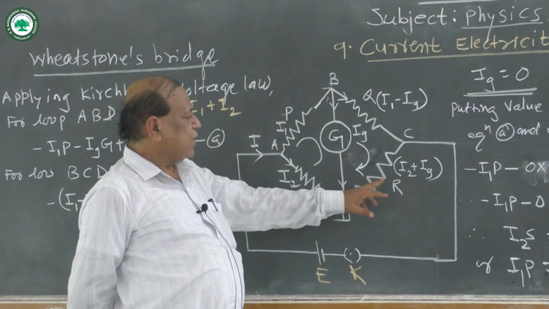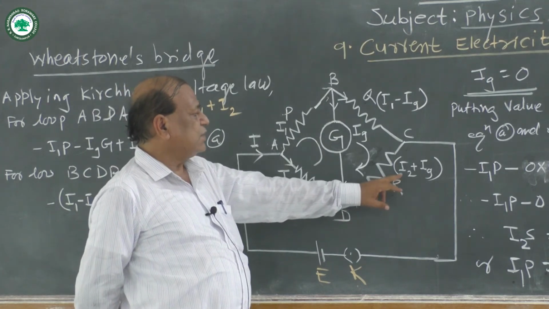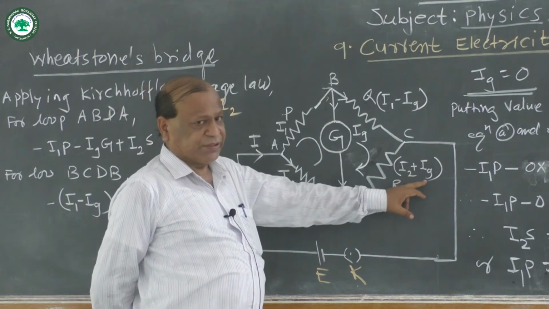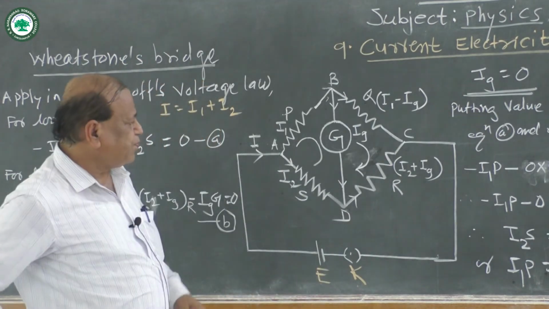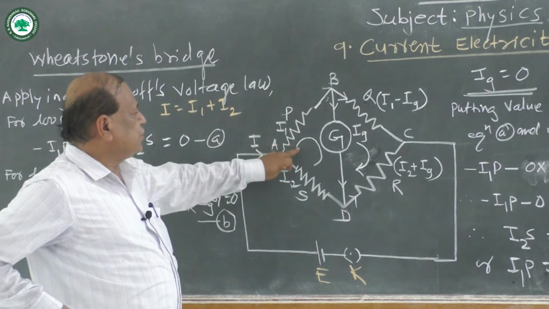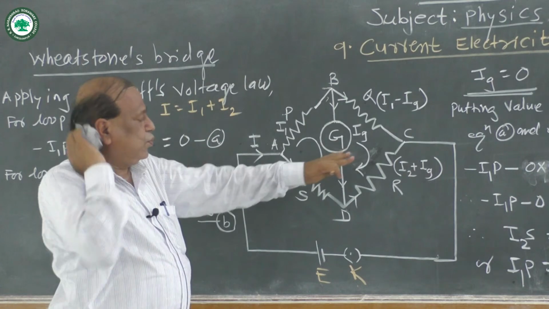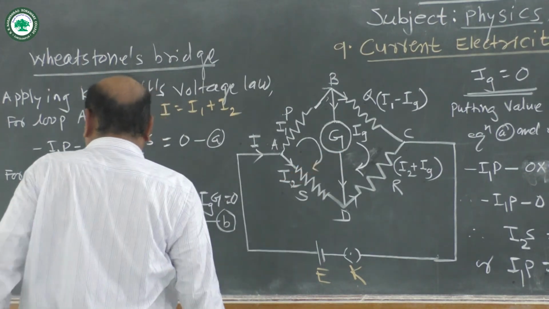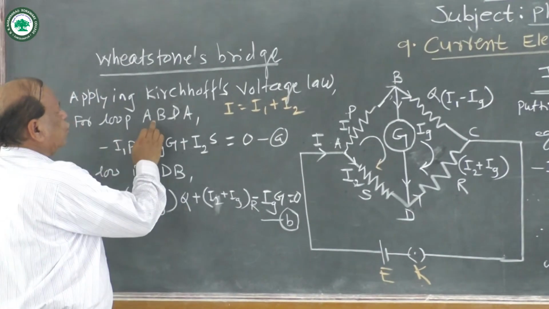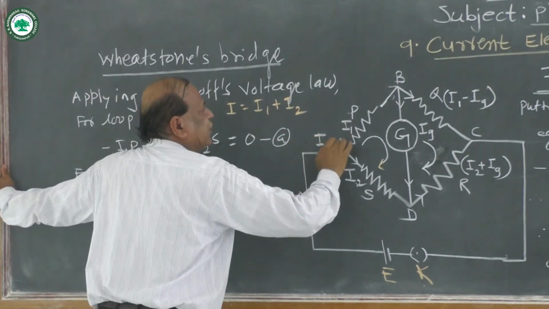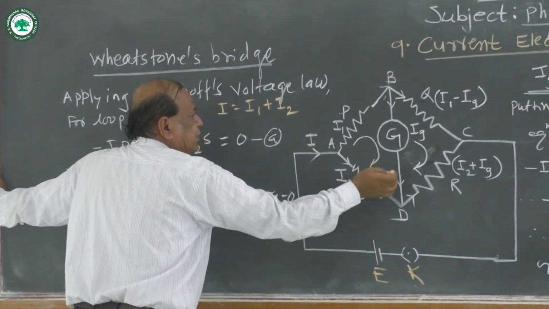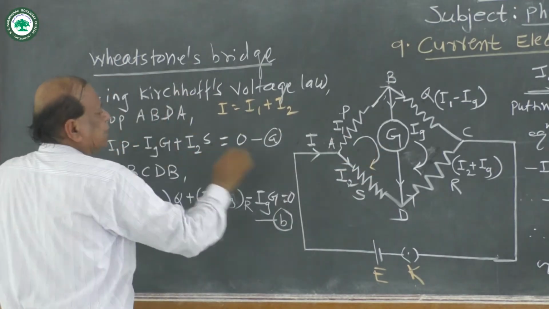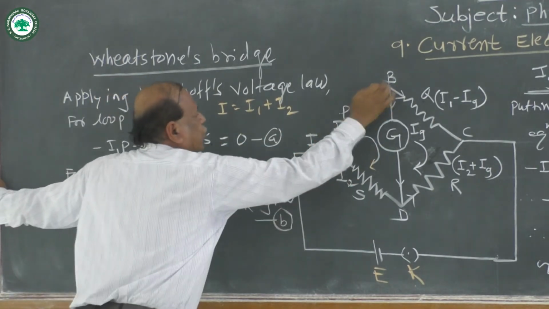Now current passing through resistance R is I2 plus Ig. Now consider two loops. This is loop 1 and loop 2 is here. Now for loop A, B, D, A.